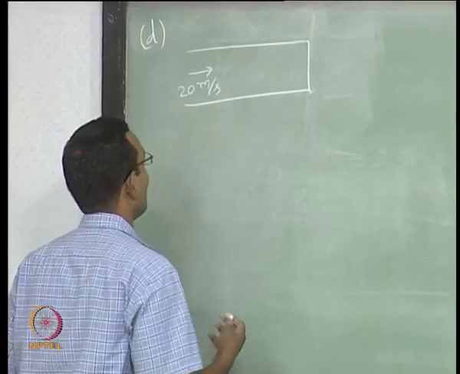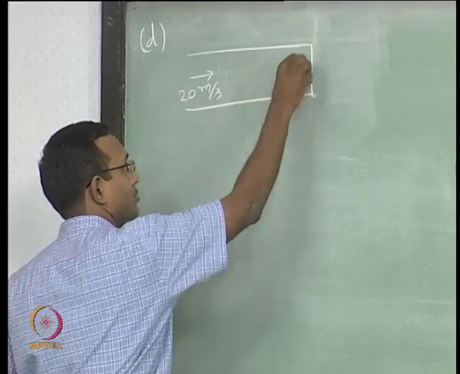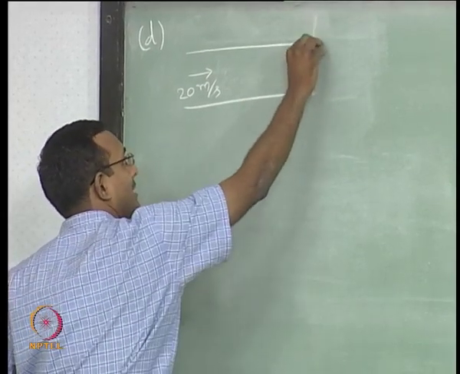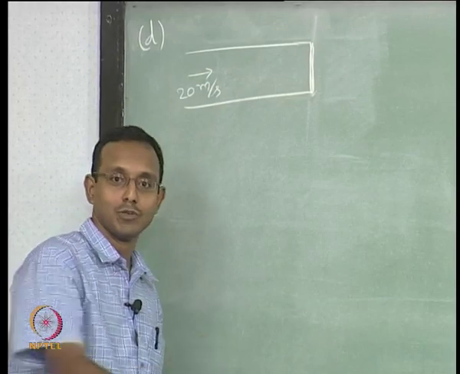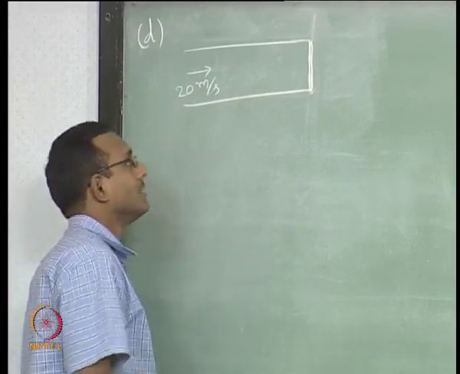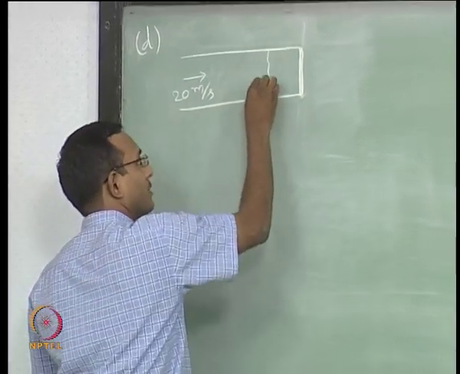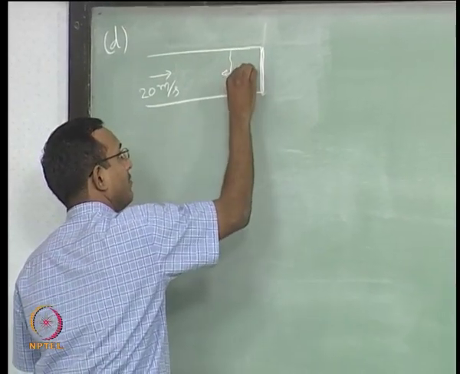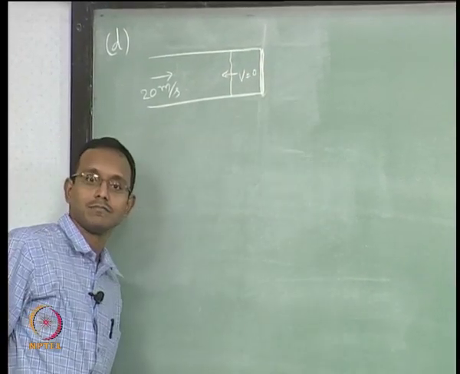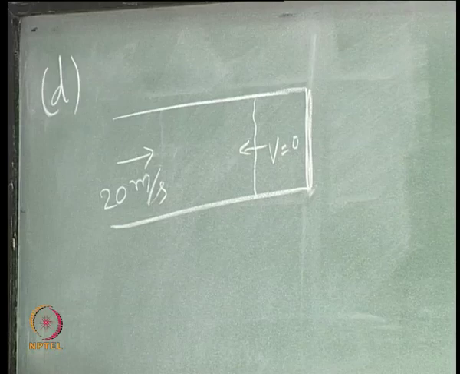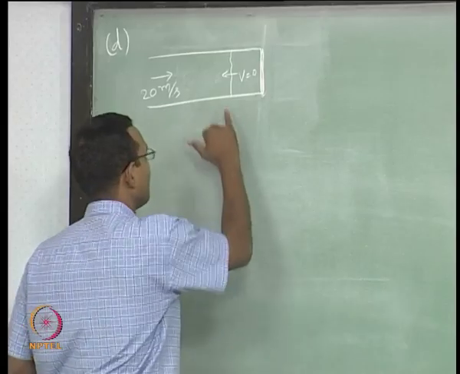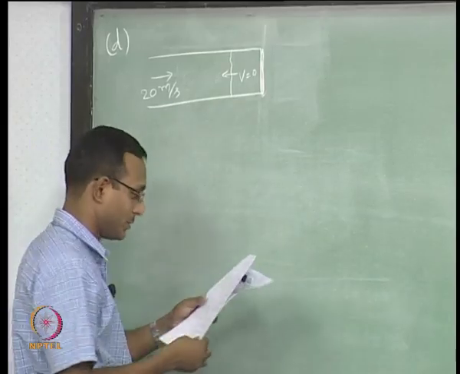What is going to happen? All this flow has to be stopped because there is a lid that is closed and says no more flow through it. So there has to be a shock that is going this way, and V equal to 0 should be enforced then by that shock. That is the goal, right? That is the goal of this particular shock. It is going to do that job.